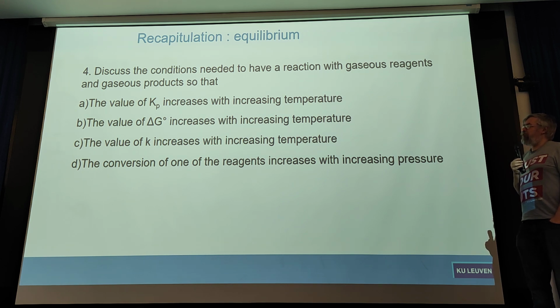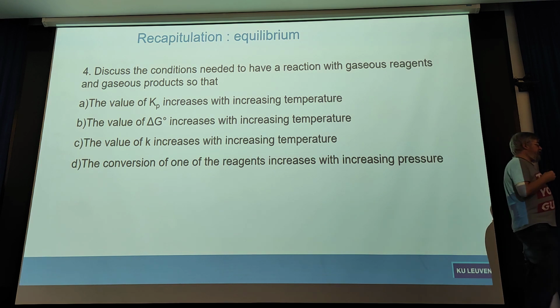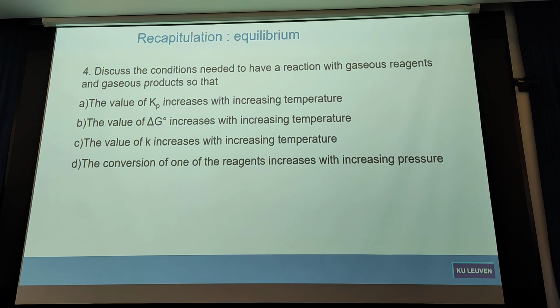So these are 4 different situations, let's say, for which we should find conditions separately. So the first one is a reaction of which Kp would increase when the temperature would increase.